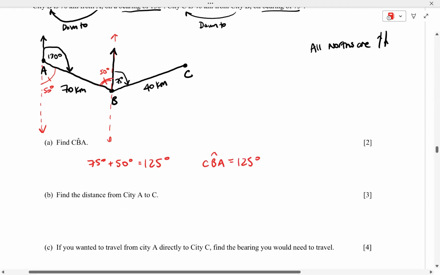Isn't it weird how they do angles differently than in geometry? They put the arrow over it. Do we have to write CBA equals 125 on the test, or can we just circle the answer? I feel like it's always better to write CBA, so whoever's grading knows where the answer is.